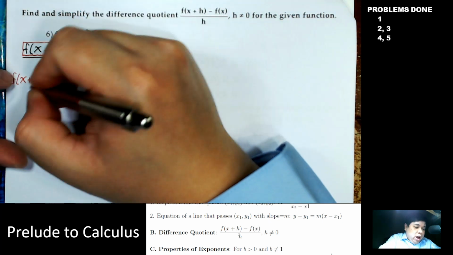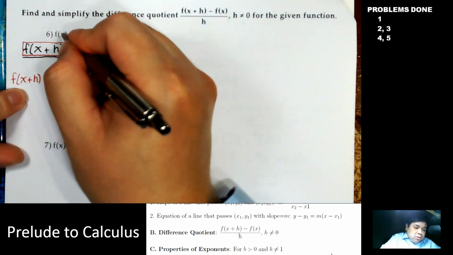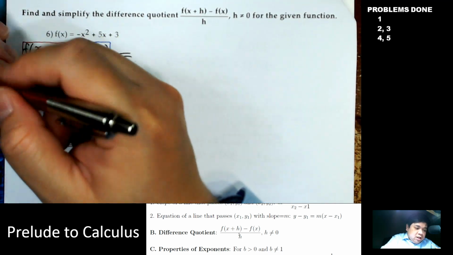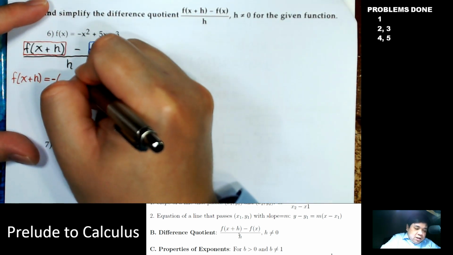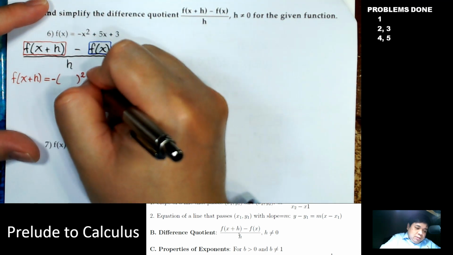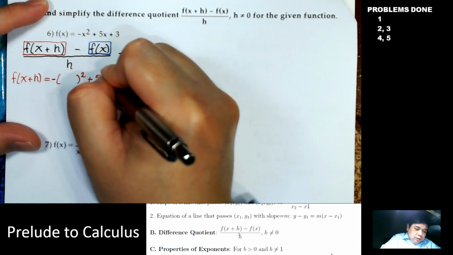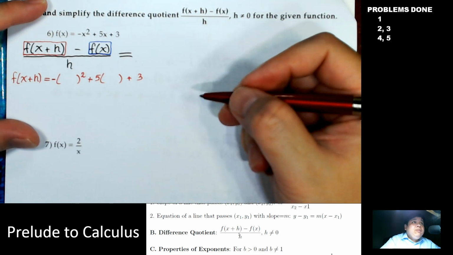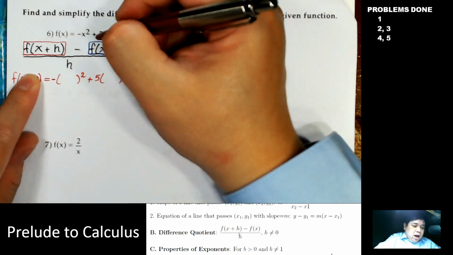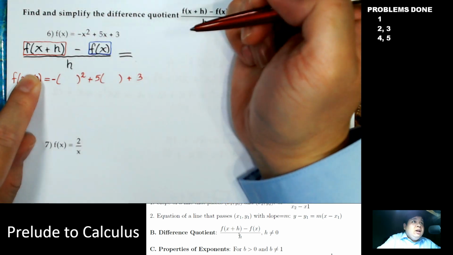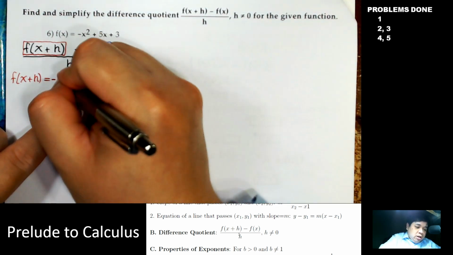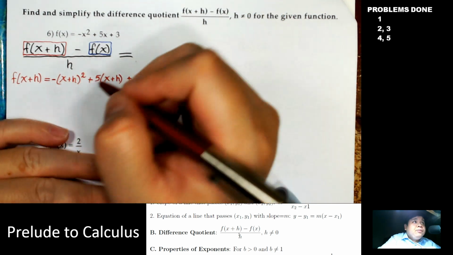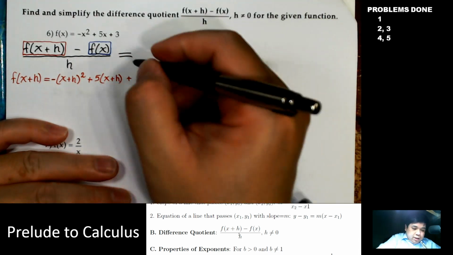So instead of x, we have x plus h. So we put x plus h into this x and into this x. So instead of x, we have a parentheses, and within the parentheses, we have x plus h.